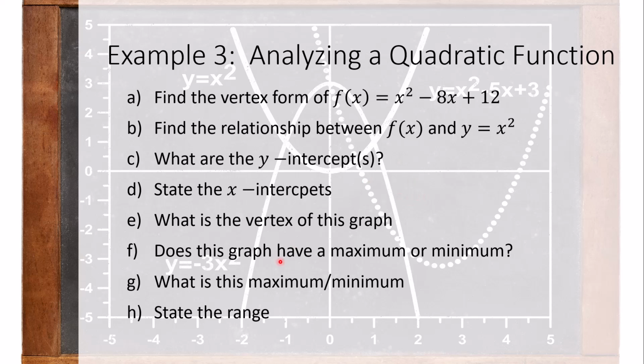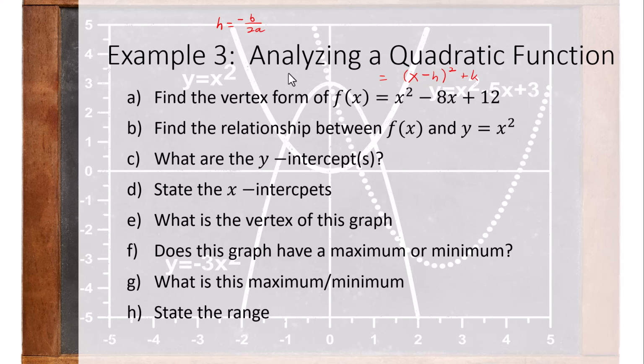Remember, the vertex form is f of x is equal to a, which in this case is going to be 1, so I'm not even going to bother with that, times x minus h, the entire thing squared, plus k. And we know that h is equal to negative b divided by 2 times a.